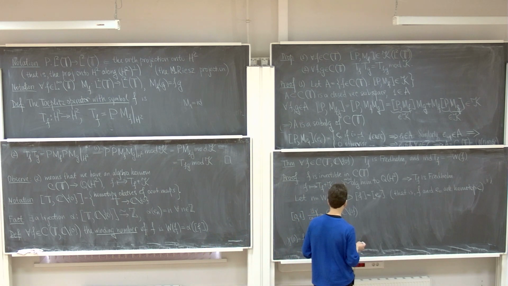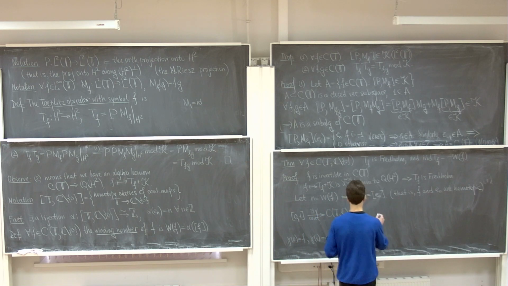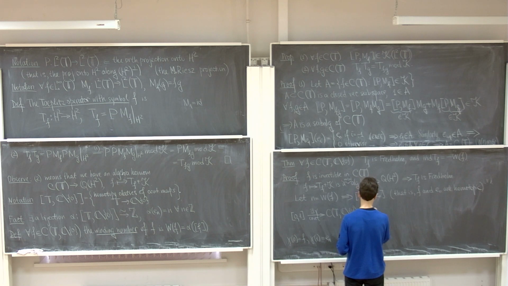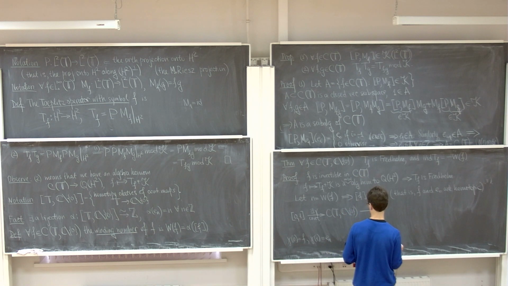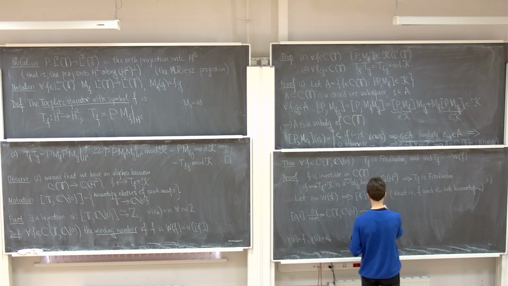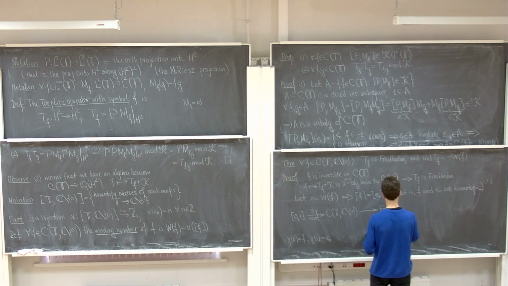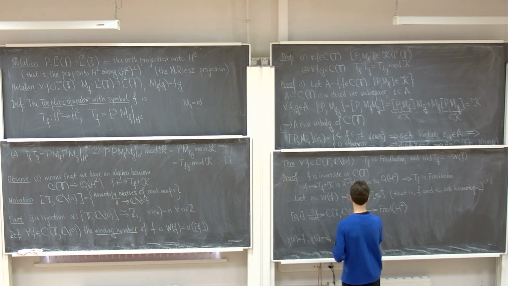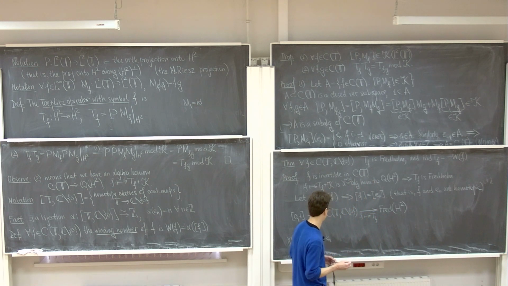This is not the end of the picture. Now we have a continuous map from this space to the set of Fredholm operators on the Hardy space, which takes f to T_f. Clearly, this is a continuous map.